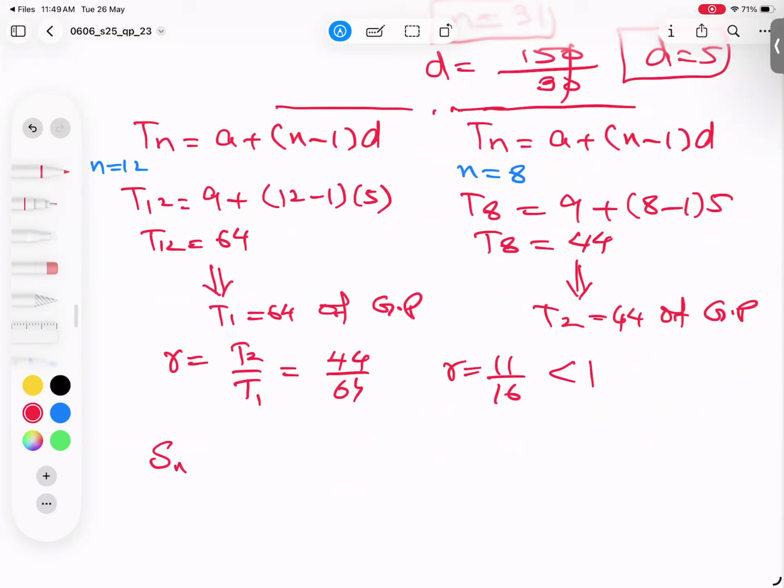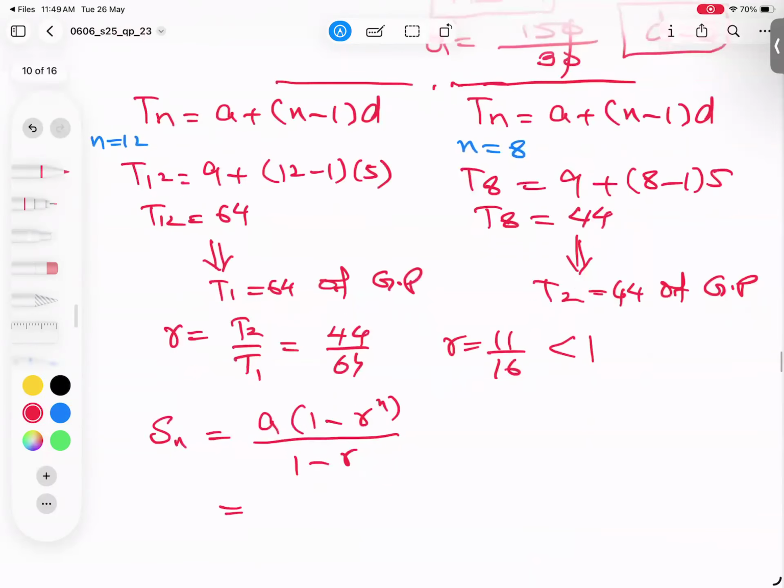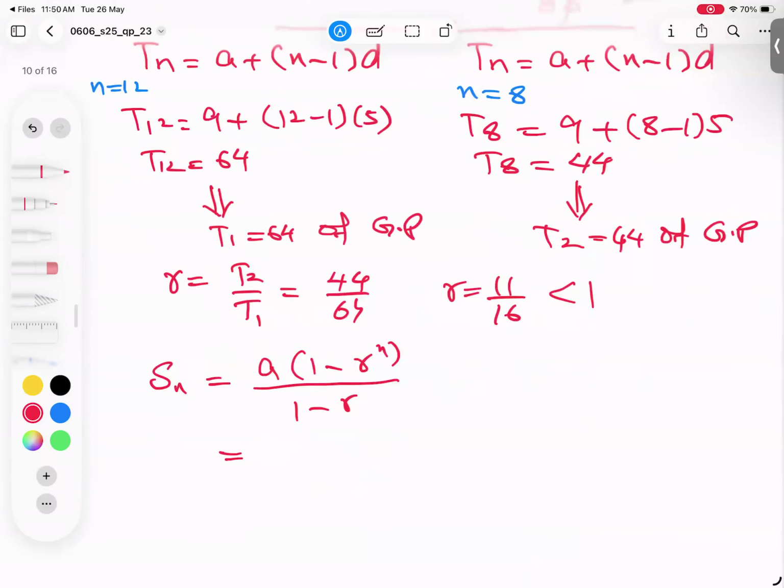So the sum formula we'll use is a times 1 minus r to the power n over 1 minus r. a is 64, r is 11 over 16, and the power is 6.